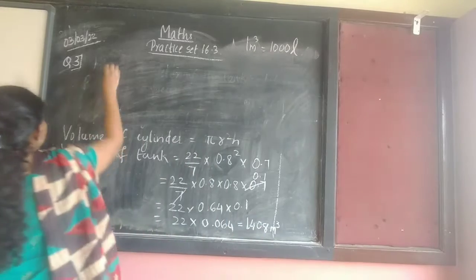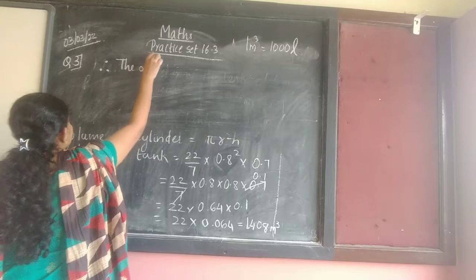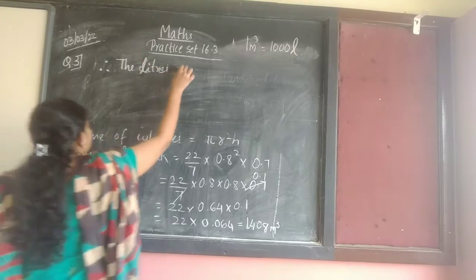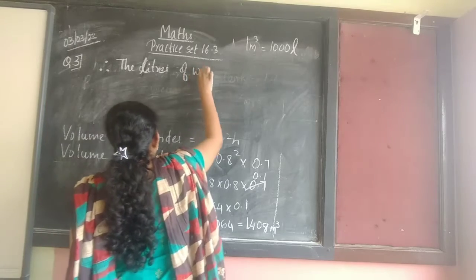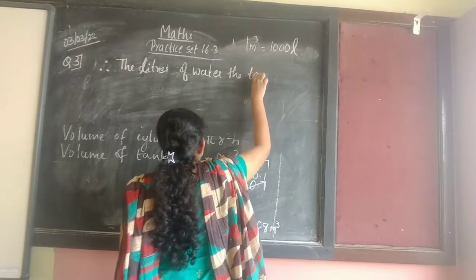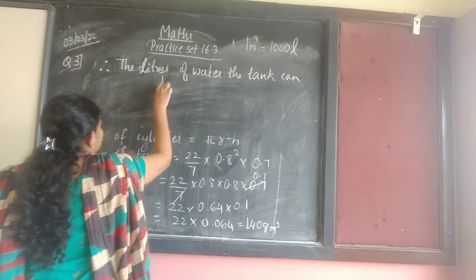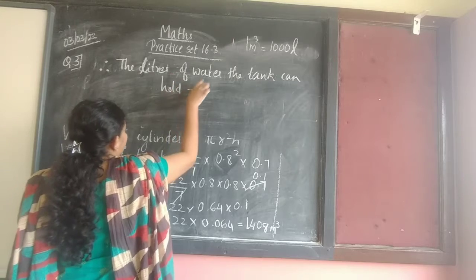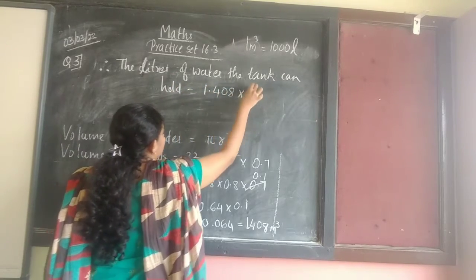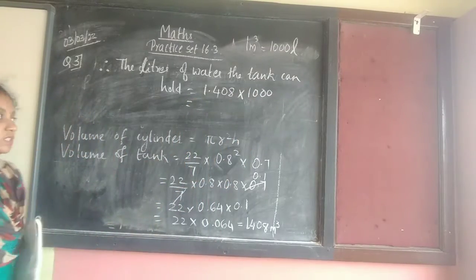So write down, therefore, liters of water the tank can hold is equal to 1.408 into 1000. Now when you multiply by 1000, what happens here?